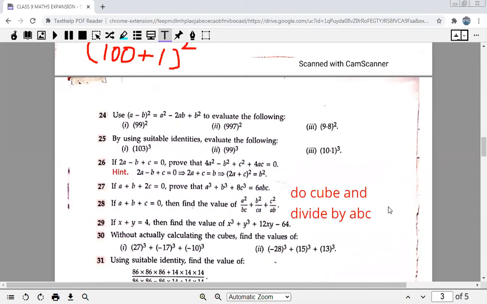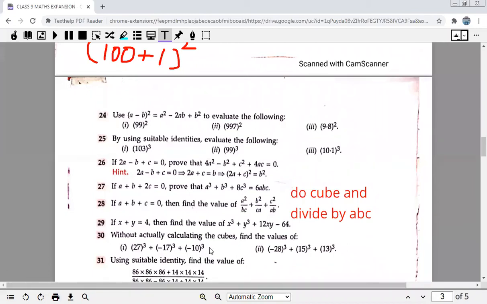This is for question number 28. But first you will write a plus b equals to minus c. Question number 29, you will do the cube.